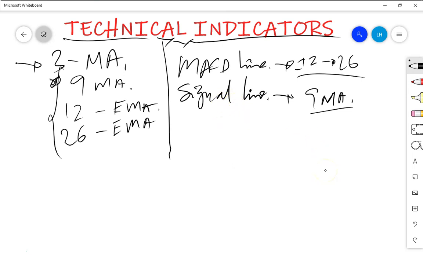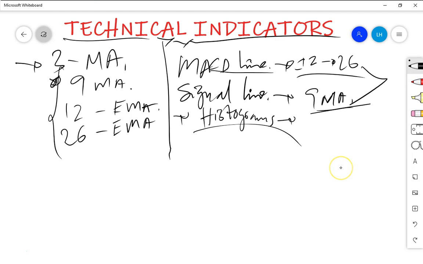But additionally, MACD has histograms. The histograms are derived from the MACD line and the signal line, so we simply call them derivatives of the 9 period moving average and the MACD line.